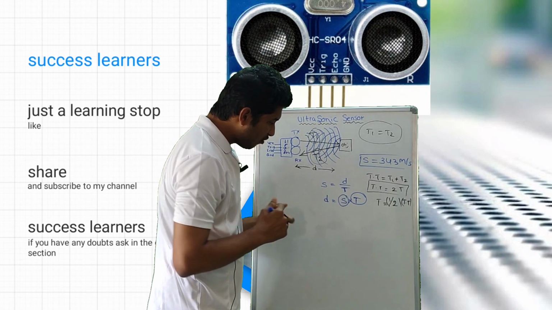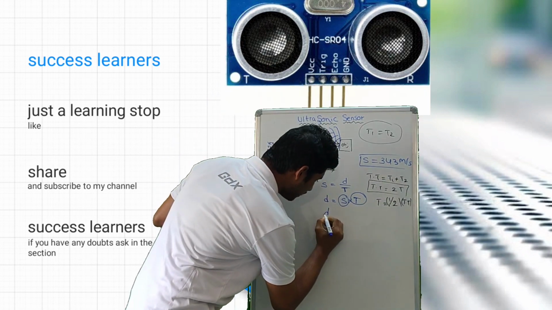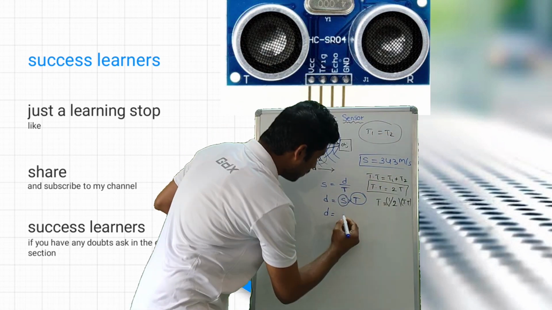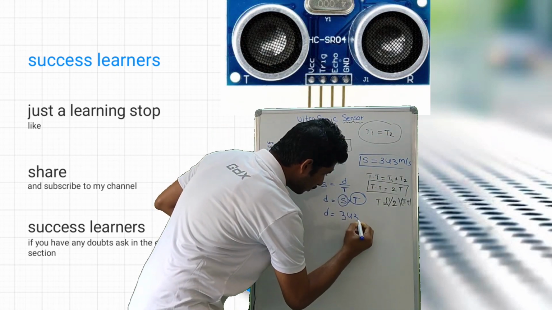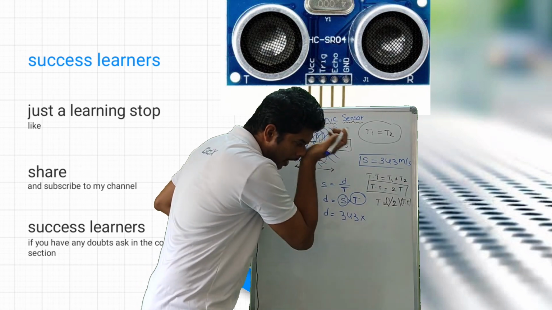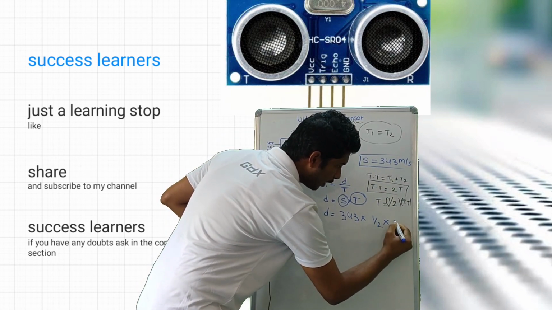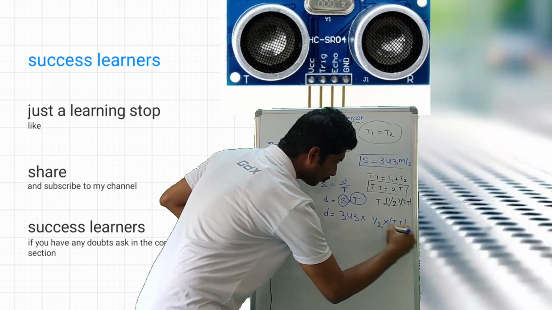So here the final formula will be distance equals, we substitute 343 meters per second, and the total time will be 1 by 2 into the total time delay.